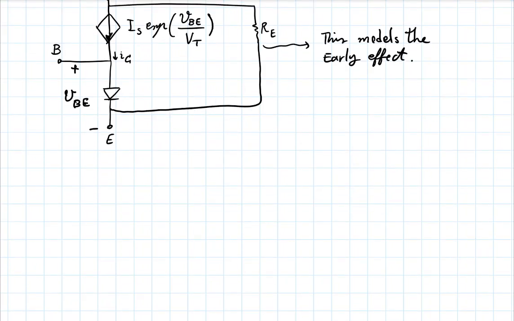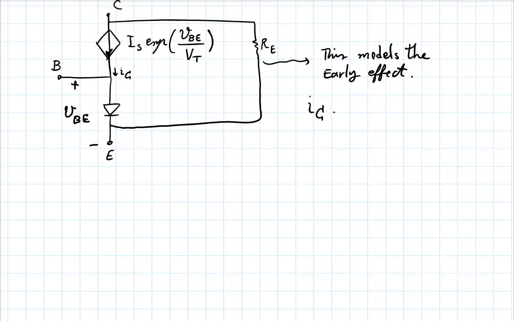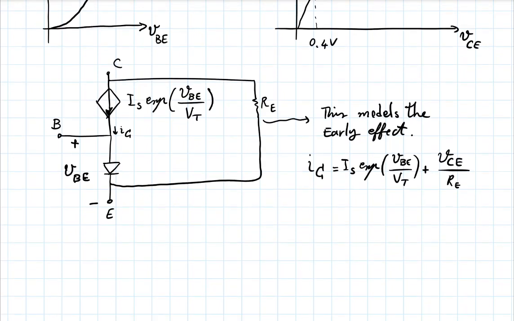You see, this is what we want. We want a collector current that has that exponential part plus some VCE divided by RE, right? Is this model now good for representing this behavior? Is my collector current the sum of those two currents as drawn on the circuit?